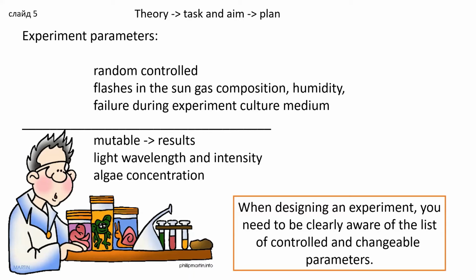Also, you have control parameters, for instance, light wavelengths, intensity, concentrations or density of your cells, or whatever. When you divide these parameters, you have to be clear in your mind what is controlled and what is not.